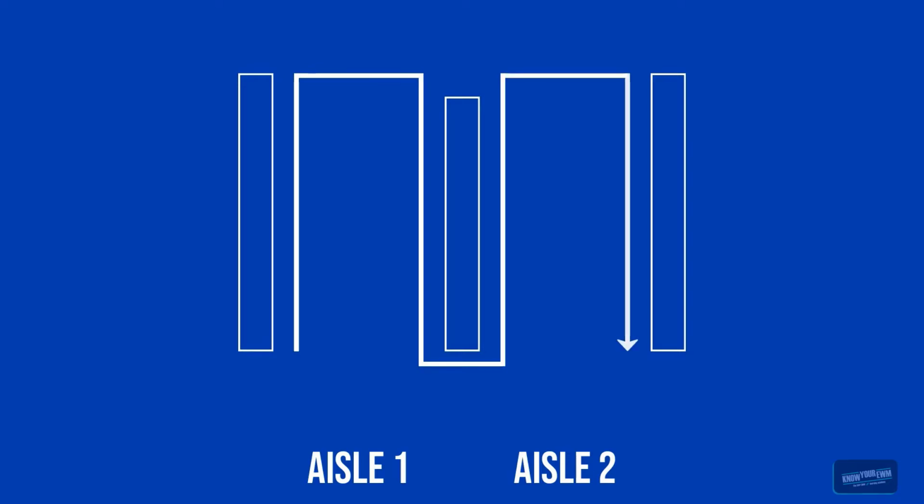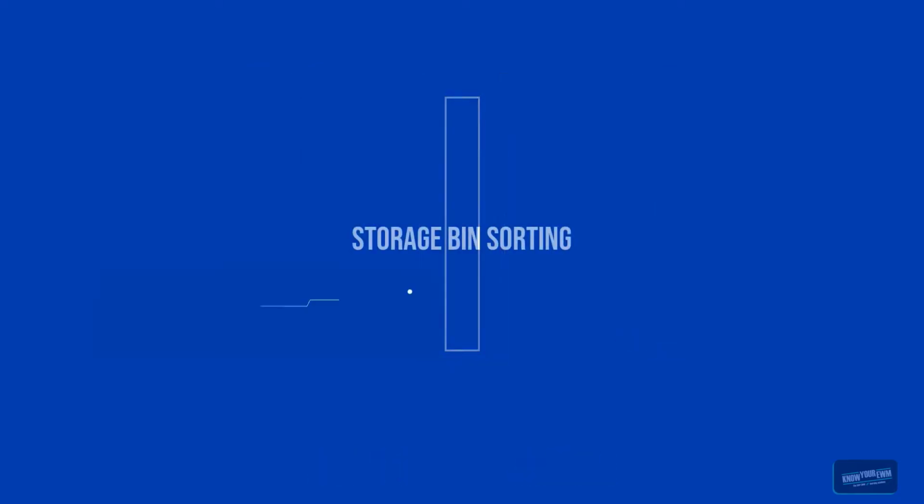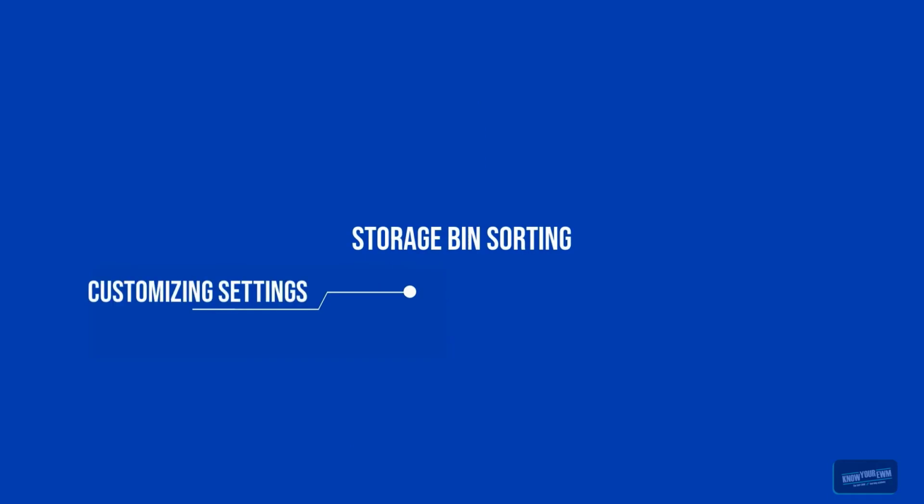It's up to you. The storage bin sorting can either be done via customizing settings, or you go the manual route and enter all the bin and sorting combinations into an Excel file and upload it to the EWM system. Both approaches work just fine.